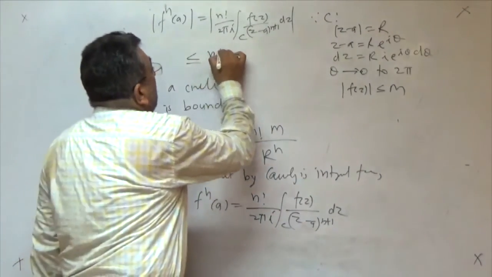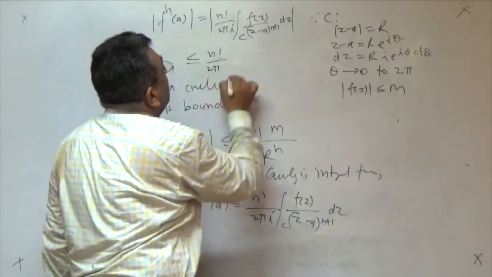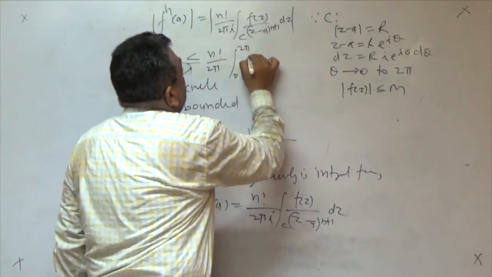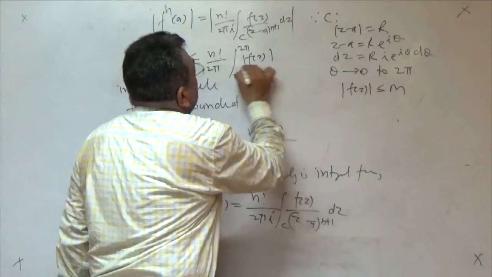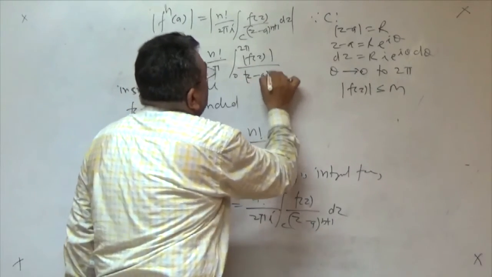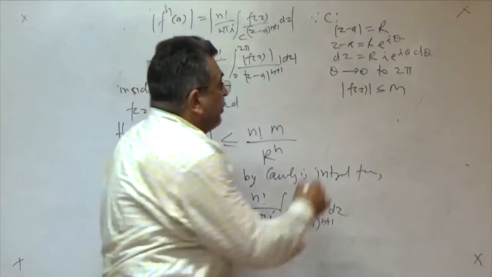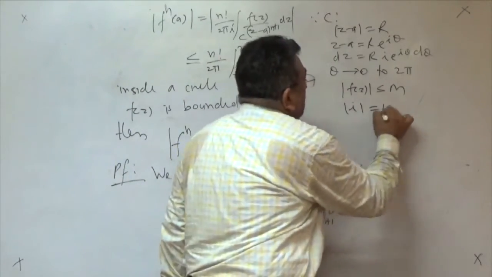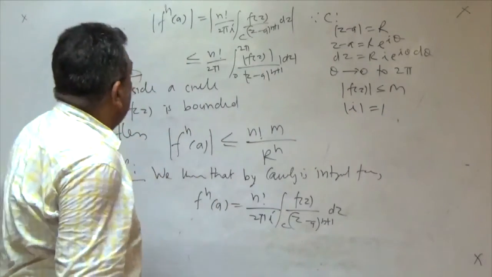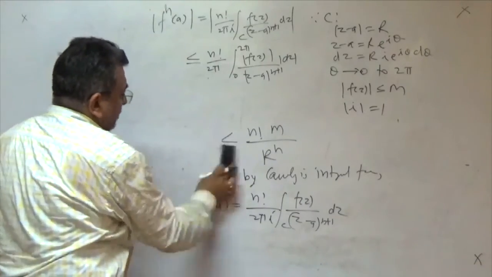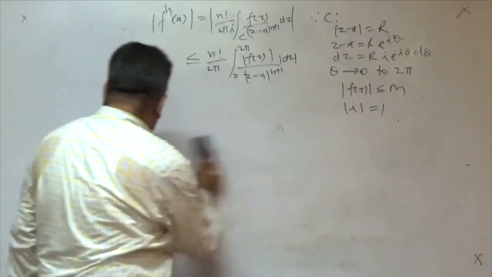That is n factorial upon 2 pi, mod i is 1, integral 0 to 2 pi, mod f(z), mod (z minus a) to n plus 1, mod dz. Because you know that mod i equal to 1, right? And now calculate this and you will get your required result.